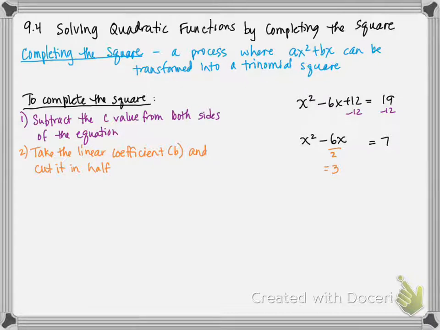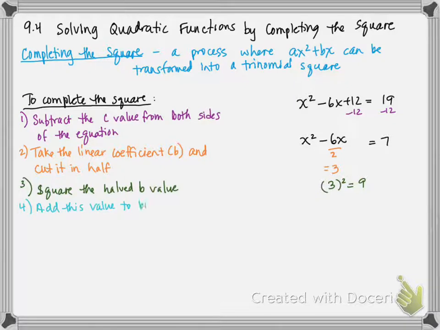Next, we're going to square the halved b value. So for us, we take 3 and square it and we get 9. We're going to add this value to both sides of the equation.